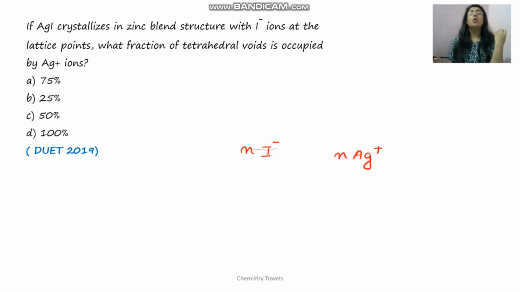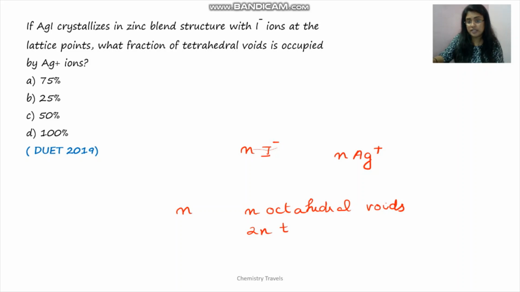Generally, what we know is, if there are N spheres or N atoms in a unit cell, there would be N octahedral voids, and totally there would be 2N tetrahedral voids. This is what the formula says. If we have N atoms, we would have N octahedral voids and 2N tetrahedral voids.